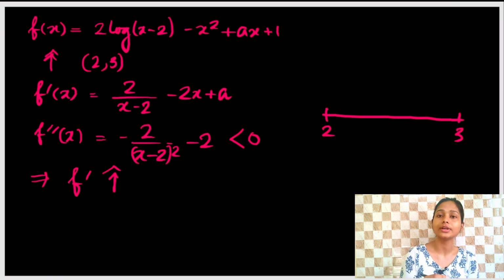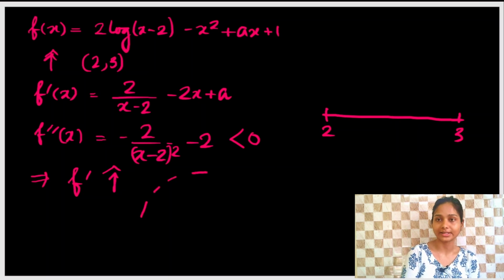F dash, the derivative of a function, is actually the slope of that function at some point. So that means the slope will be like this. First it will be like this, then this, then this, and ultimately it will become 0, and after that it will start to become negative. So this function will have this kind of structure.